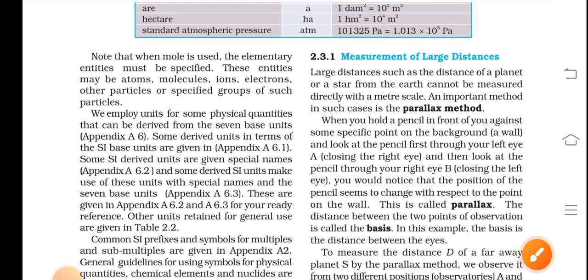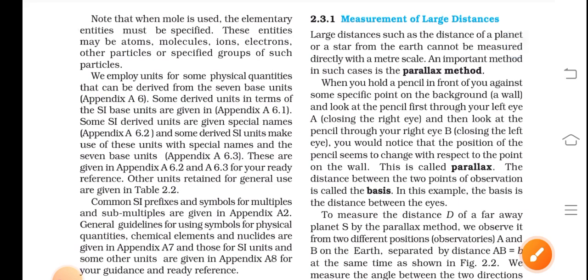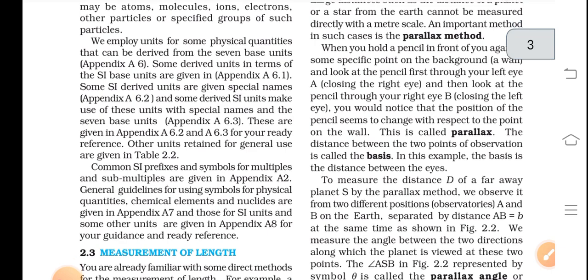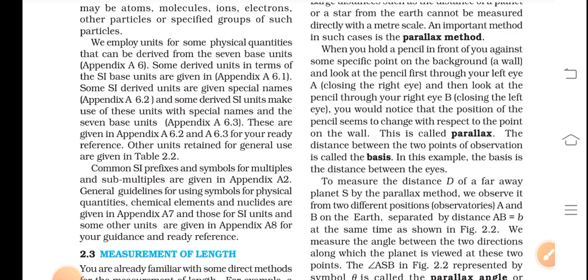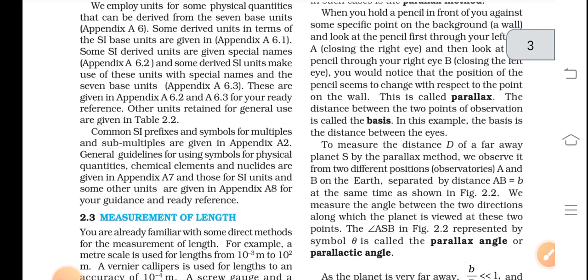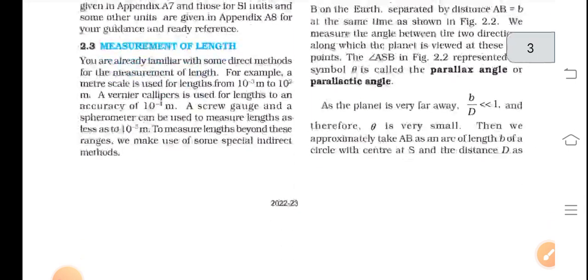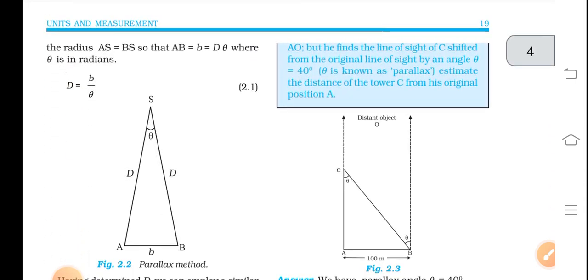The distance between the two points of observation is called the basis. In the example, the basis is the distance between the eyes. To measure the distance, capital D, you should know this is the distance. Now this is our eye.